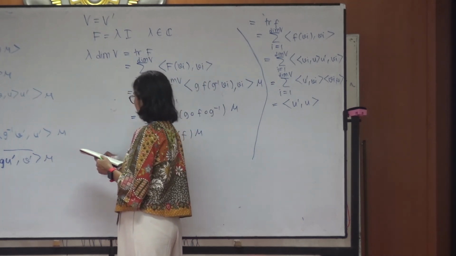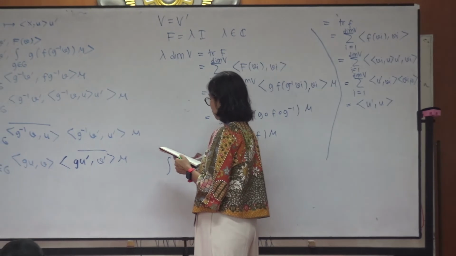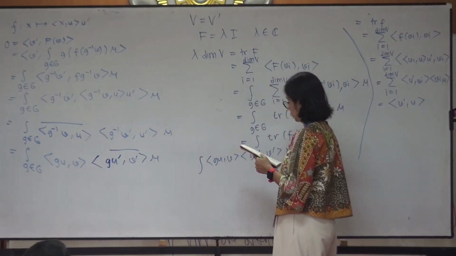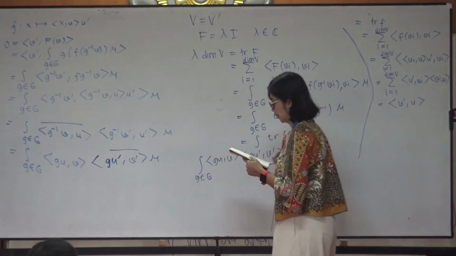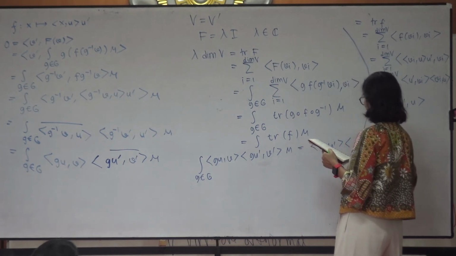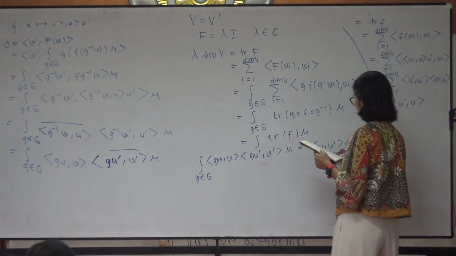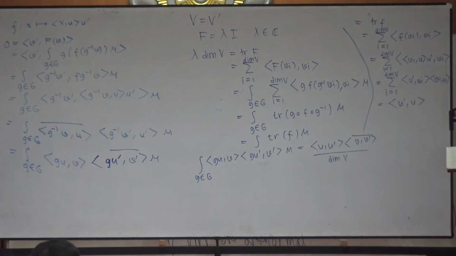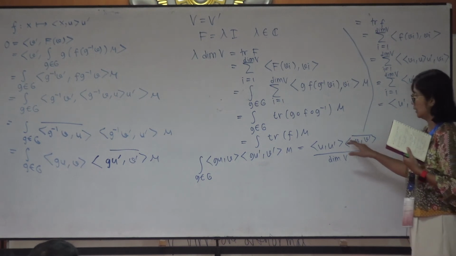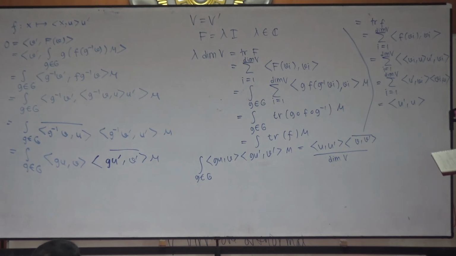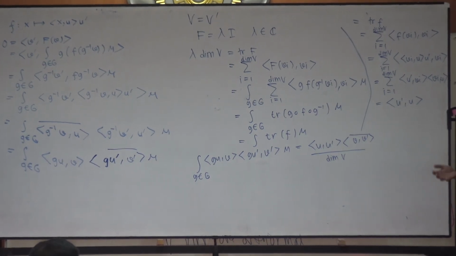we'll get that the integral of g u v, so it means that when this is 1, this one will also be 1, and this Fijk will be an orthonormal basis, and that gives the injectivity.